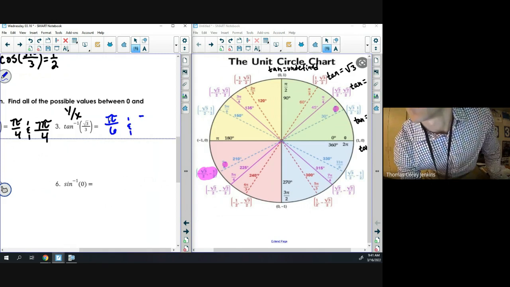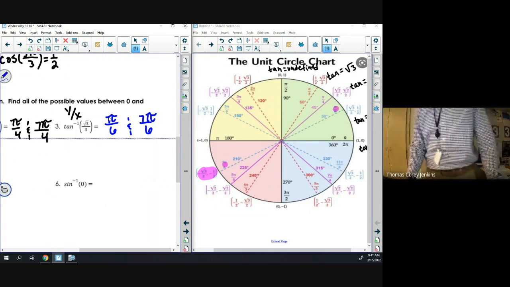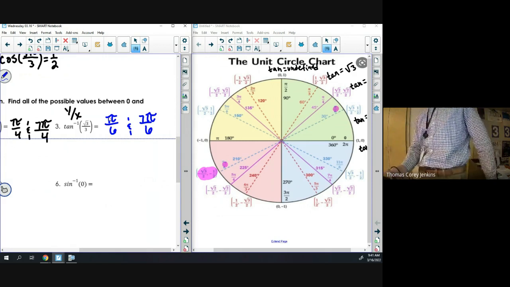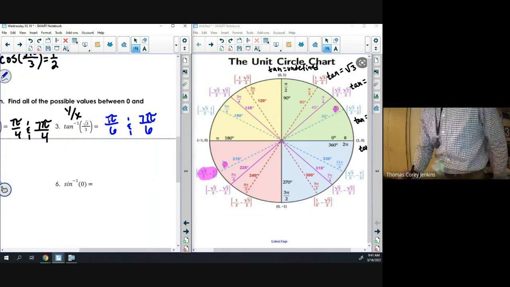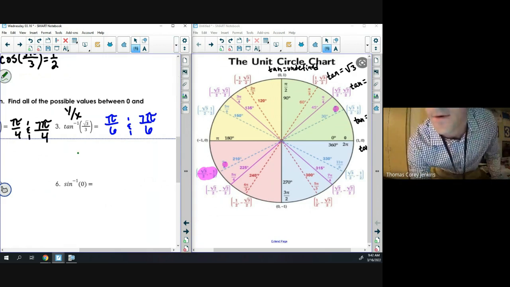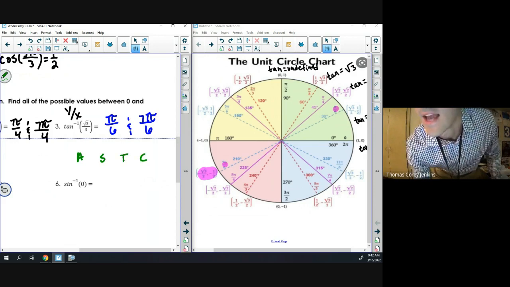Now, one other thing that might help in addition to what we have is that, remember that saying that we talked about a little bit, all students take classes or all students take calculus? That can help you with your signs too. So just to real quick recap that before you try a couple. All students take calculus.